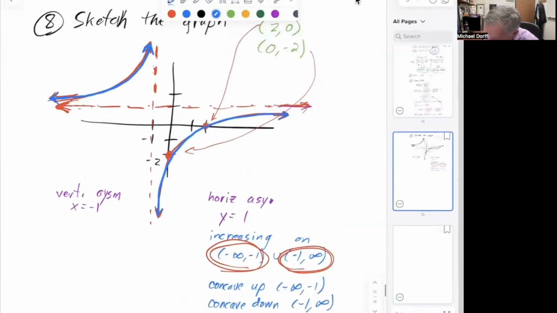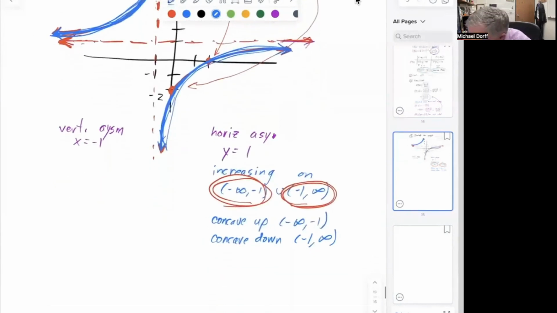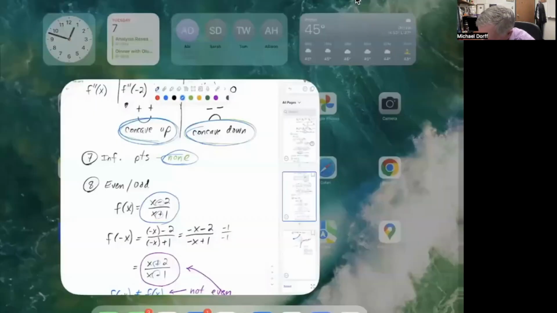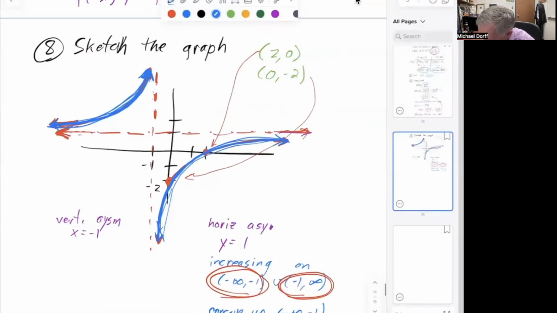And that matches what we have right now in our graph, right? Concave up here and concave down here. Then we had in part 7, no inflection points, and that matches with what we have.